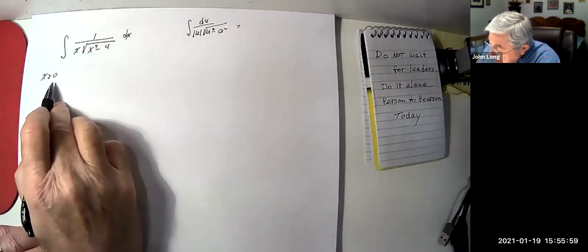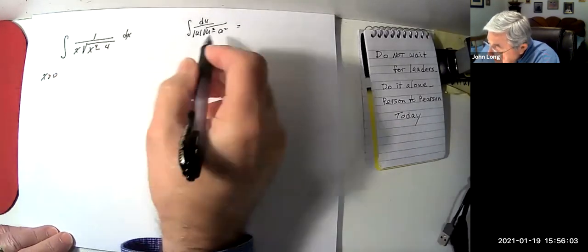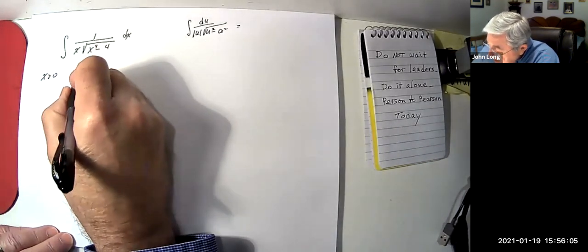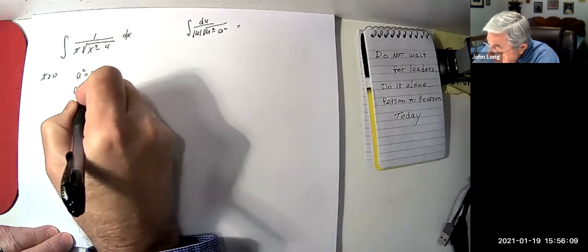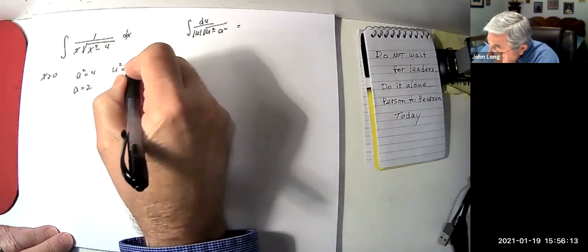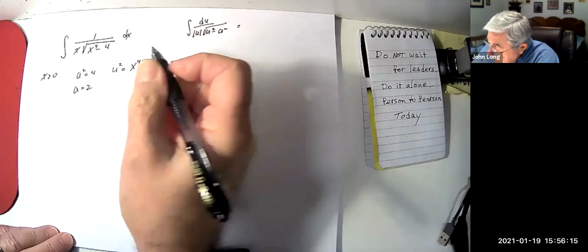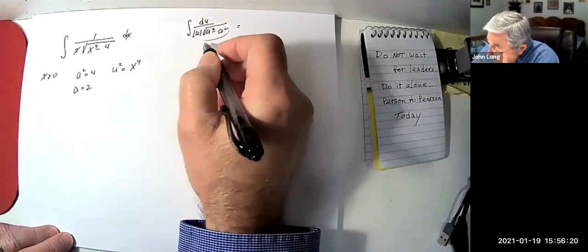So assuming x is greater than 0, we now look at this thing and we look at the different parts. We can see that a squared is 4, and therefore a is 2. And we see that u squared is equal to x to the 4th. You see, so everything is determined by this u squared minus a squared.